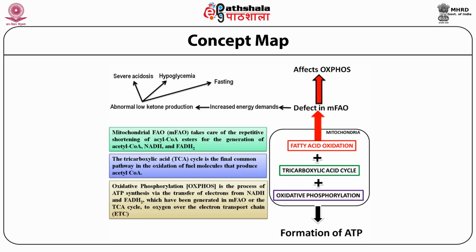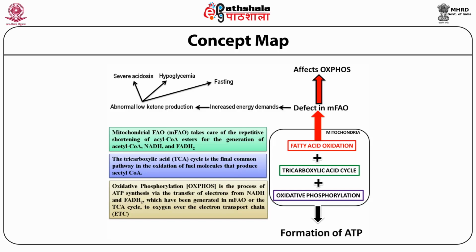Normally, the mitochondrial fatty acid oxidation takes care of the repetitive shortening of acyl-CoA esters for the generation of acetyl-CoA, NADH, and FADH2. The tricarboxylic acid cycle is the final common pathway in the oxidation of fuel molecules that produces acetyl-CoA.